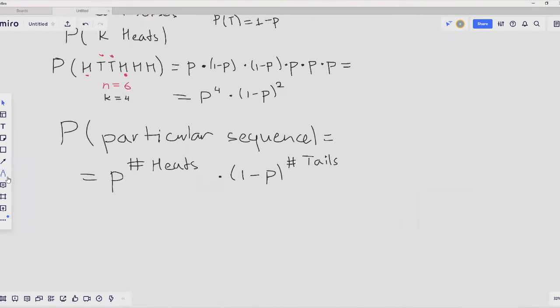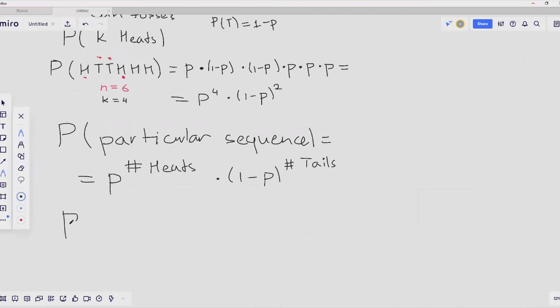Now let's go further and let's try to find the probability of a particular sequence when we have k heads in it. So we're looking for probability of a k-headed particular sequence.